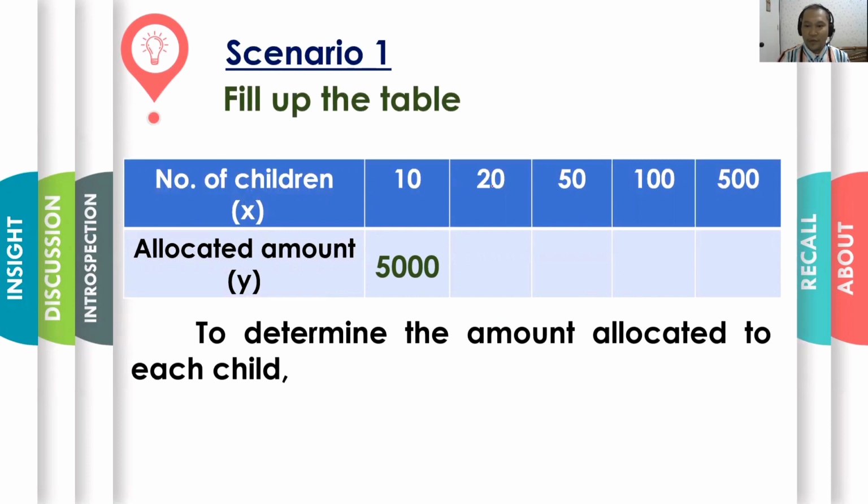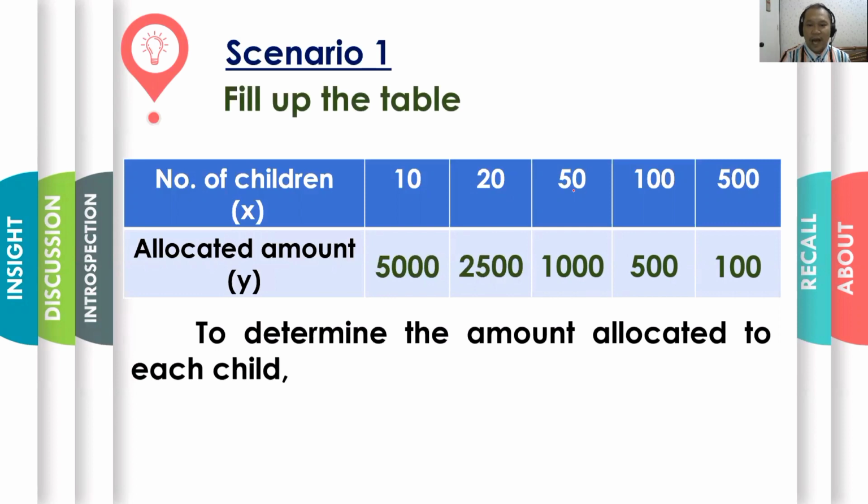And if we have 20 children, each child will receive 2,500 pesos. If we have 50, each child is going to receive 1,000. If we have 100, each child is going to receive 500 pesos. And if we have 500 children, each child is going to receive 100 pesos.